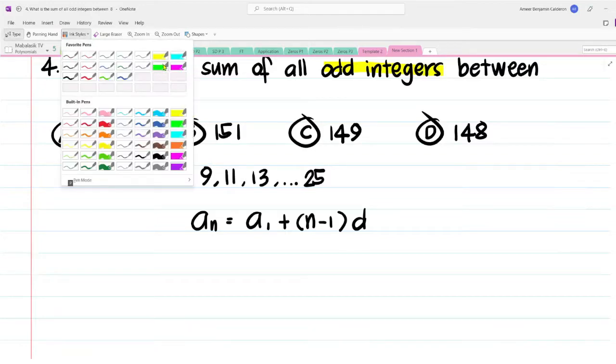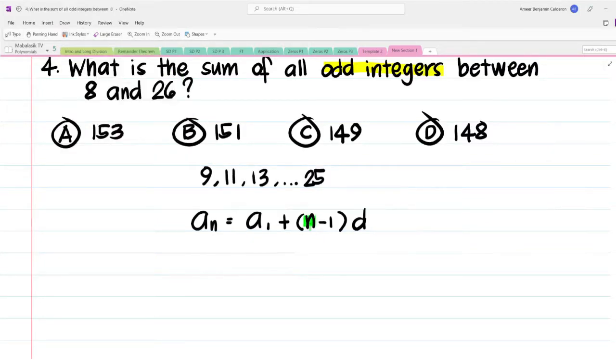And we are solving for n para malaman natin kung ilan silang lahat. So we have here 25 equals a sub 1 is 9 plus n minus 1 times d, which is 2.